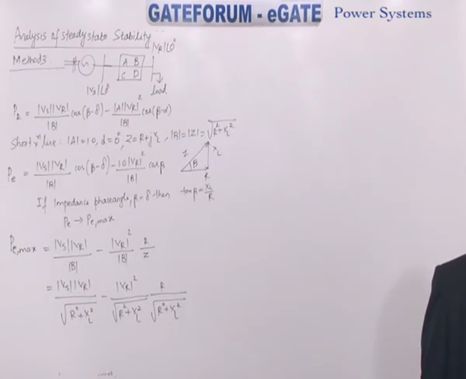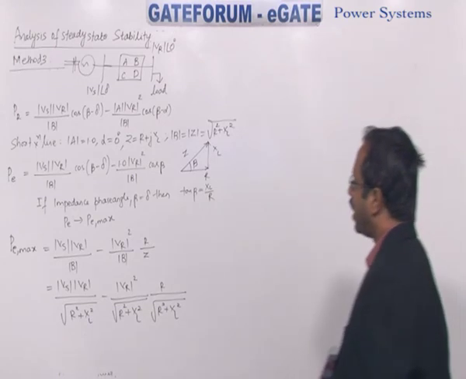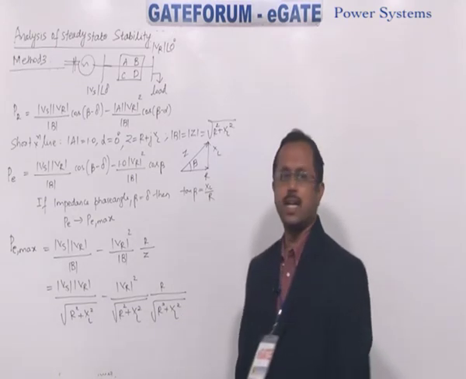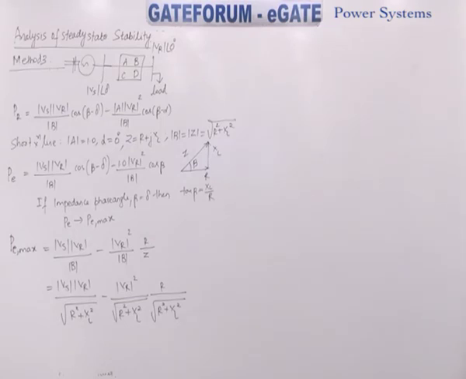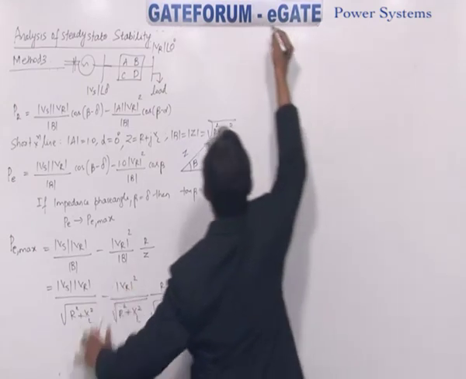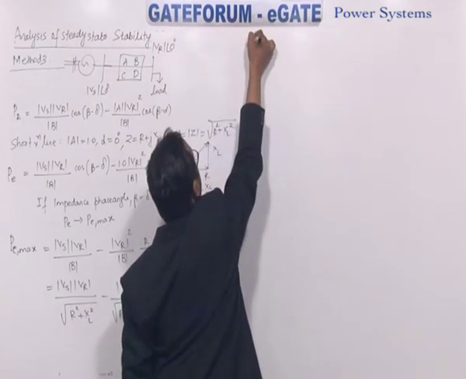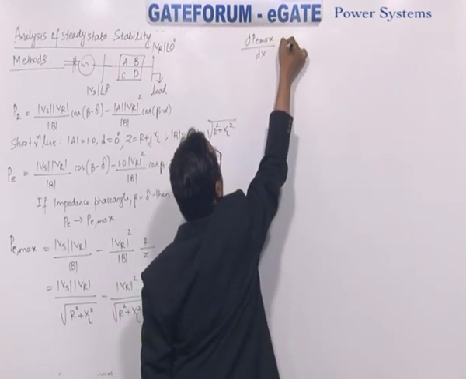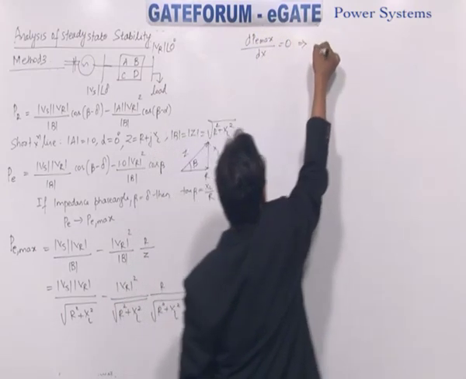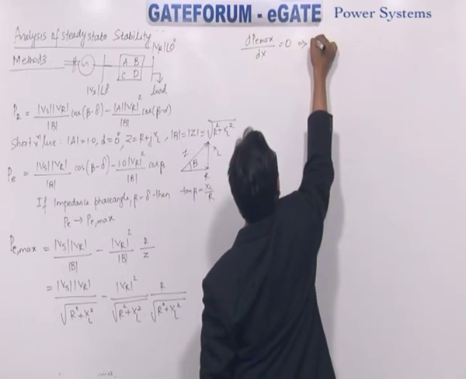Now we have to check what should be the value of the reactance of the line so that the maximum power is delivered. For that, you differentiate this equation with respect to R and equate to 0. How much do you get for XL?